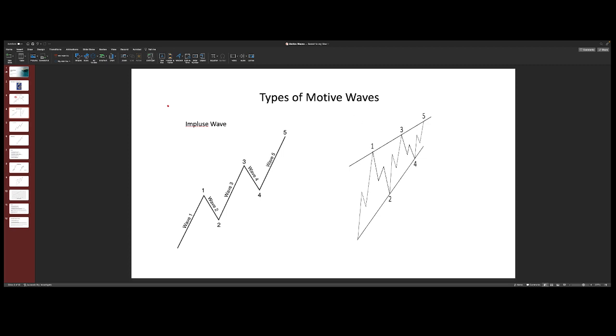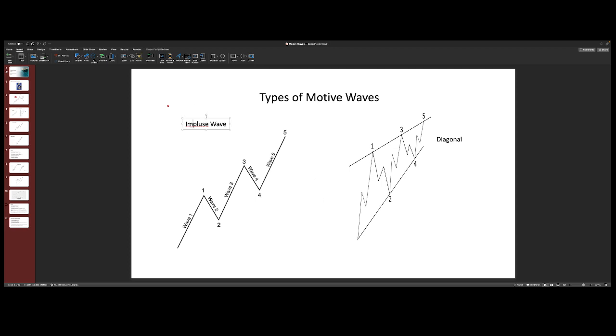They both follow the trend, in the upwards direction in this case, and both are made up of 5 waves. They have different substructures that we'll look into today, and different rules that govern these specific patterns.